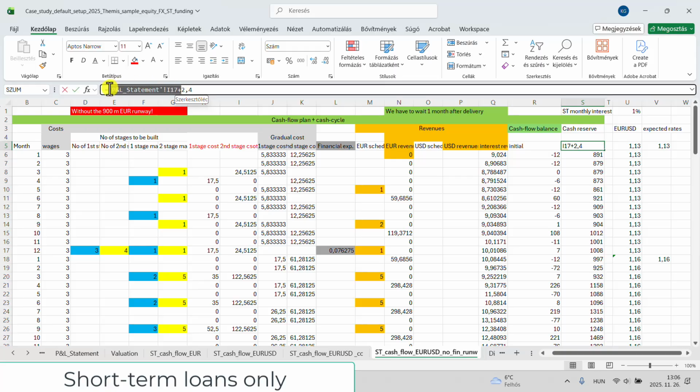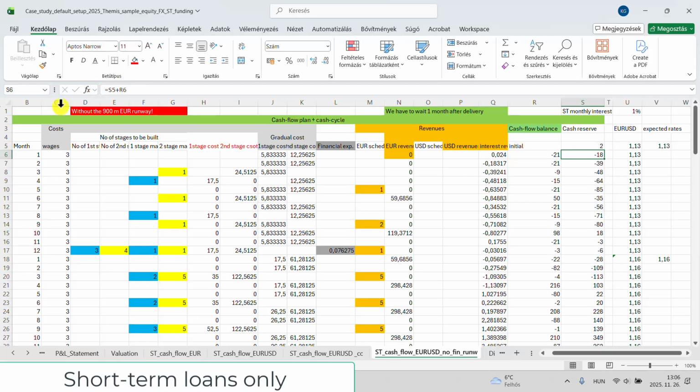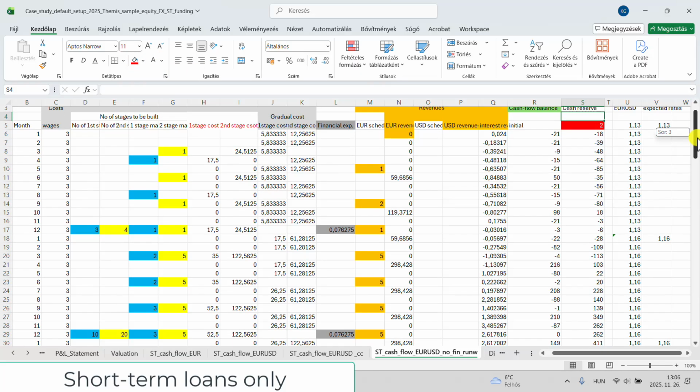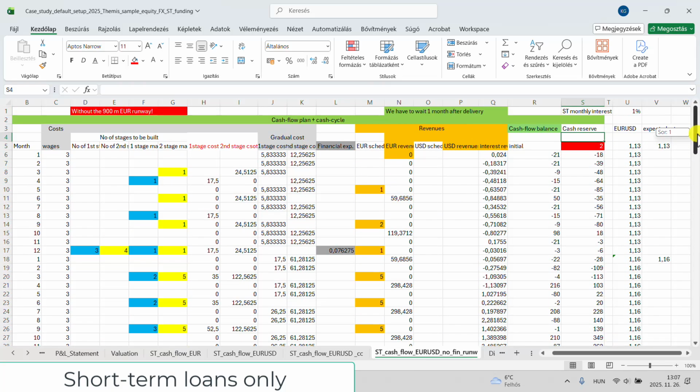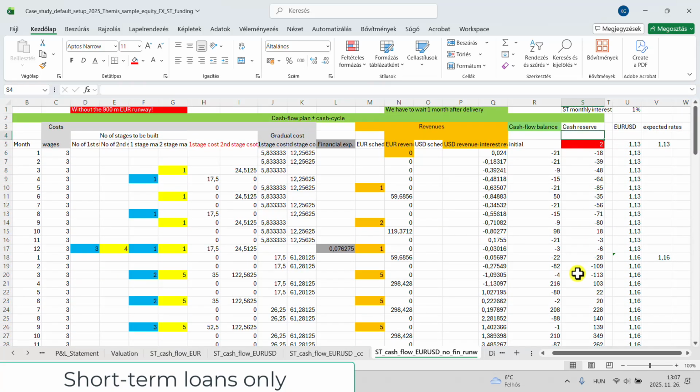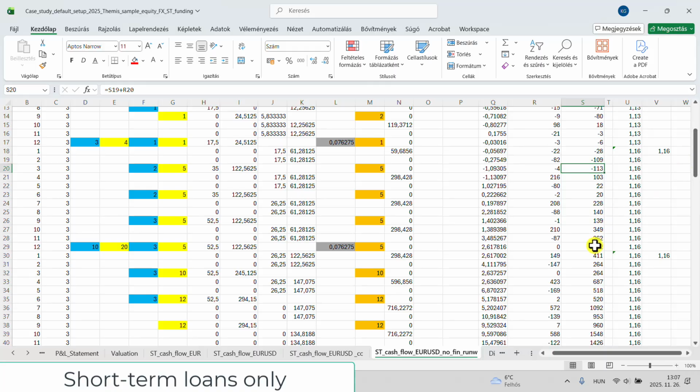So yeah, now it has been changed. This is the level of cash reserve, so that's why I'm changing it to red. And now we can see that we can go down until the first quarter of the second year for minus 130 million.